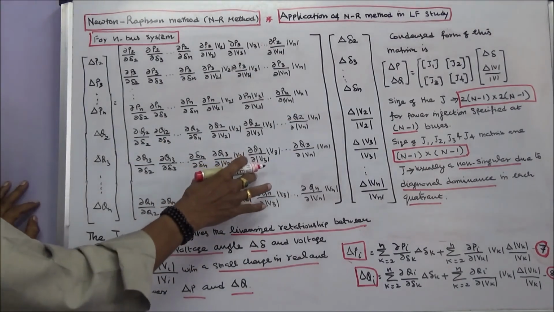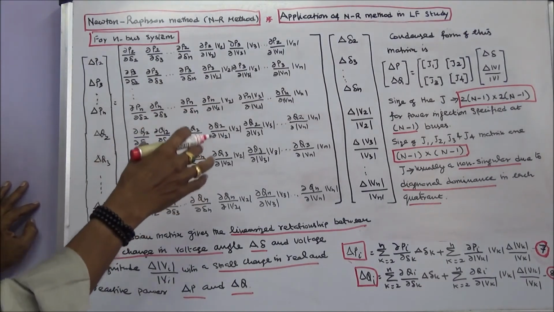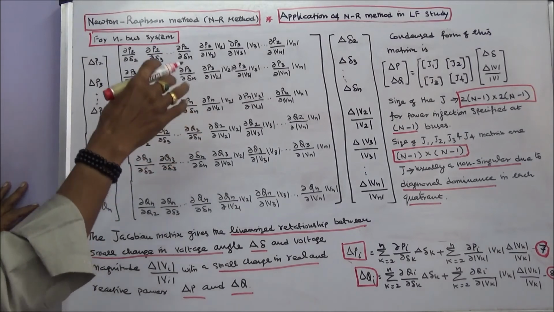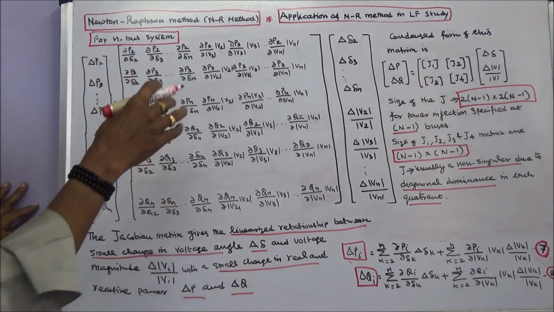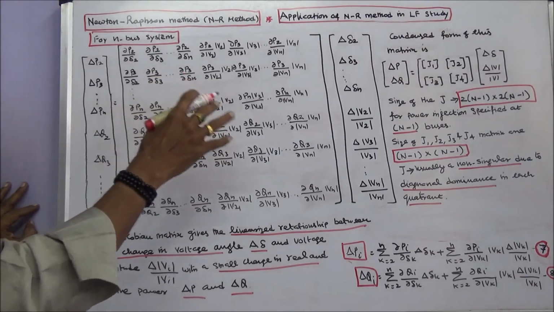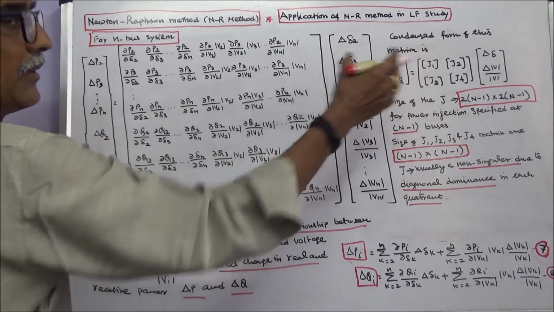This is the Jacobian matrix. The Jacobian matrix gives the linearized relationship between small changes in voltage angle and voltage magnitude with a small change in real and reactive power. This is the condensed form of this matrix.